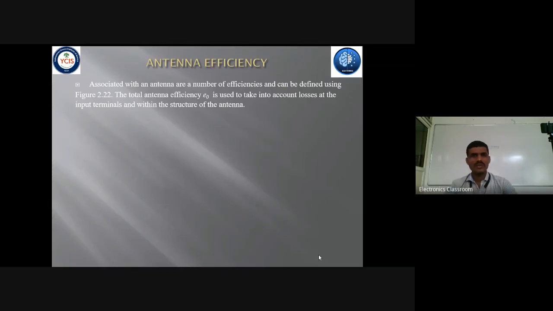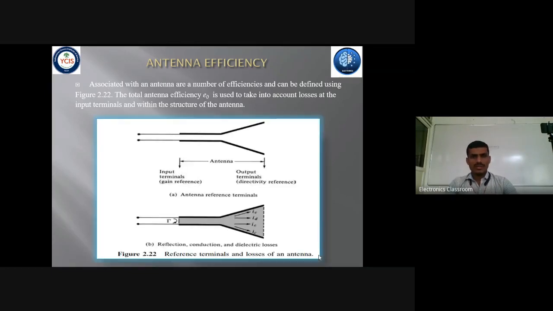It will be discussed in this lecture also. An antenna has a number of efficiencies, and you can see in that particular figure that there are three different efficiencies present.